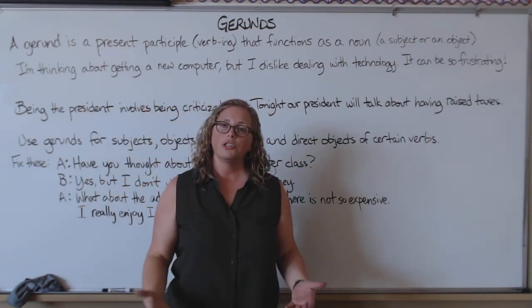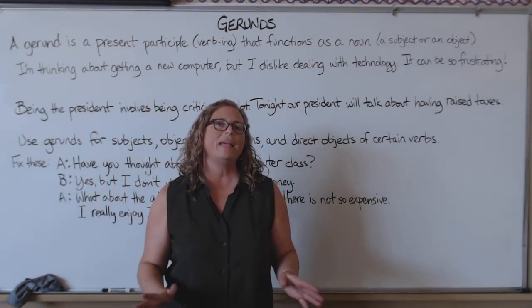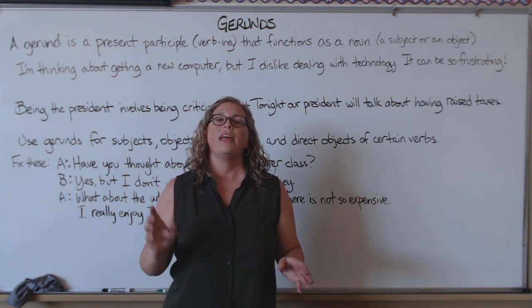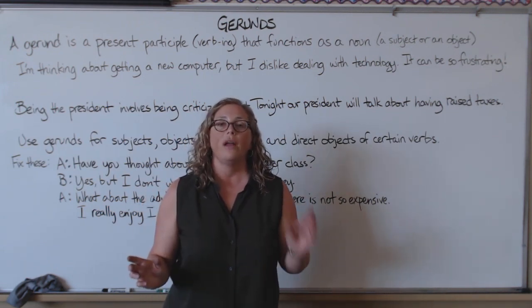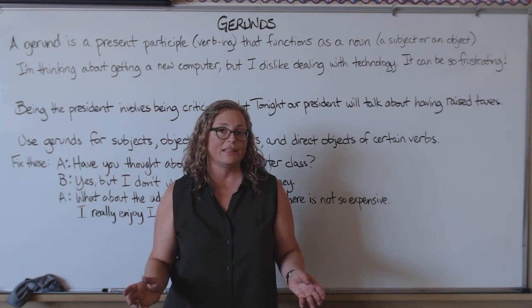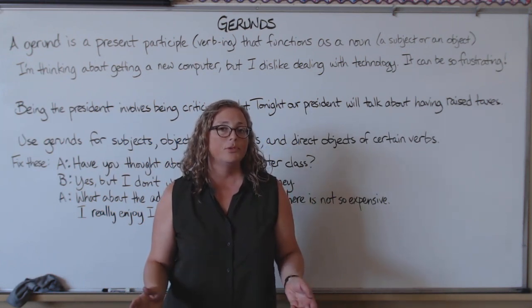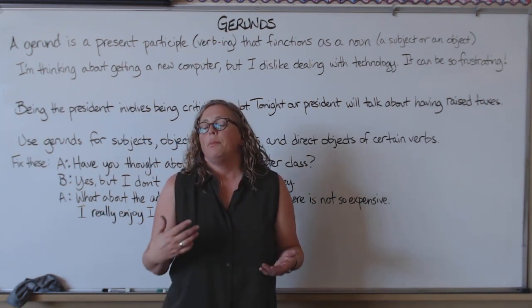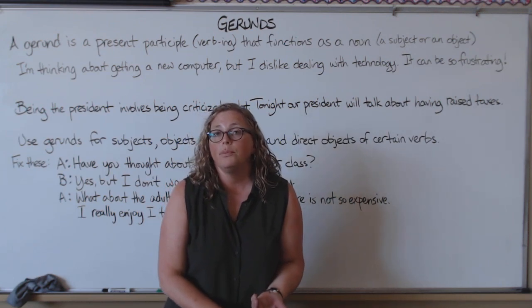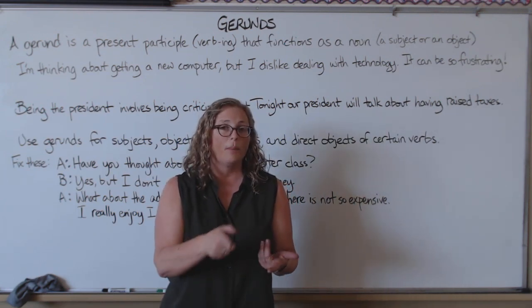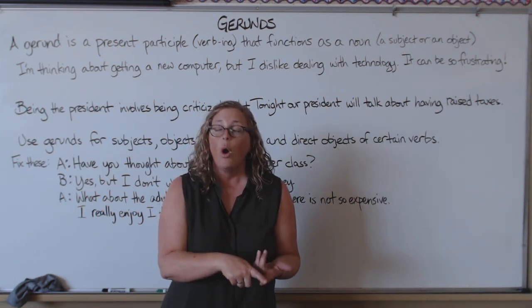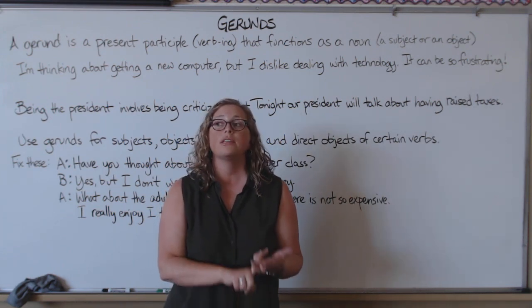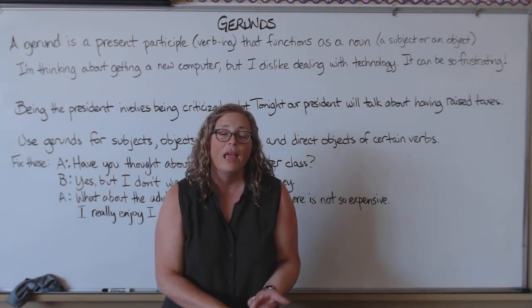So if it functions as a noun, that basically means that it is a subject or an object in a sentence. If it's an object in a sentence, it may be a direct object, which is just the object of the verb, or it may be the object of a preposition.